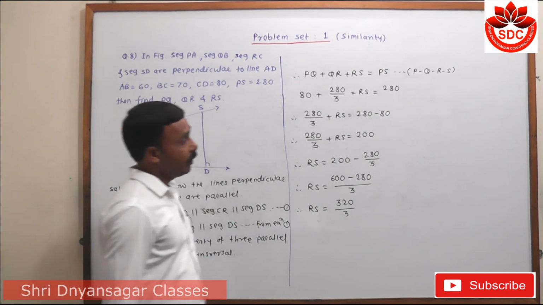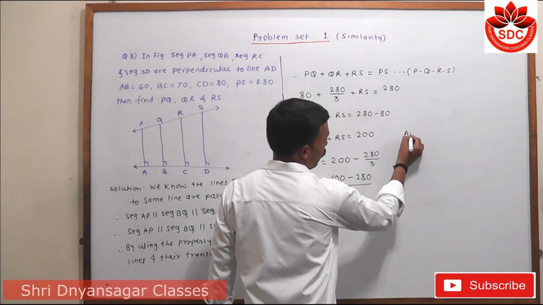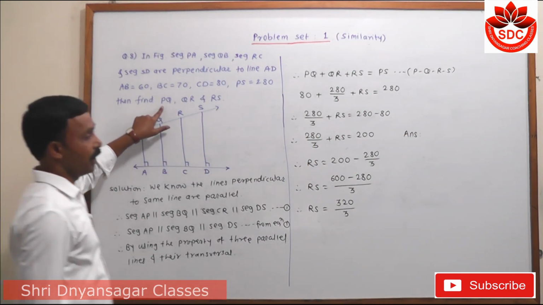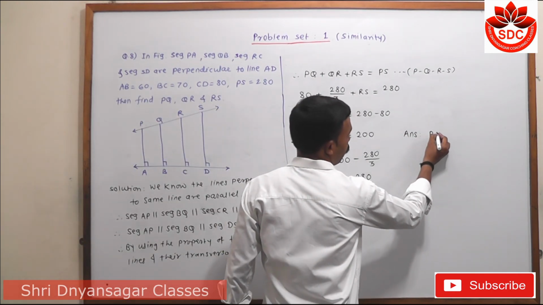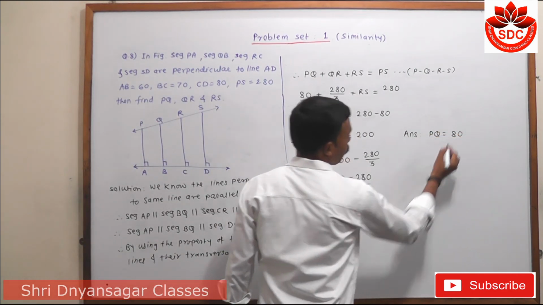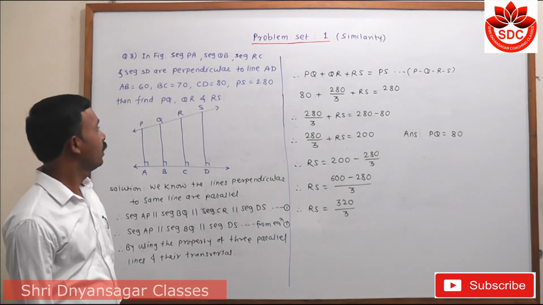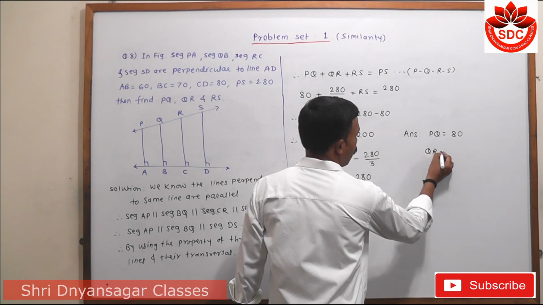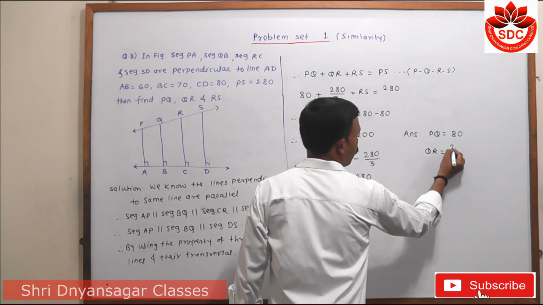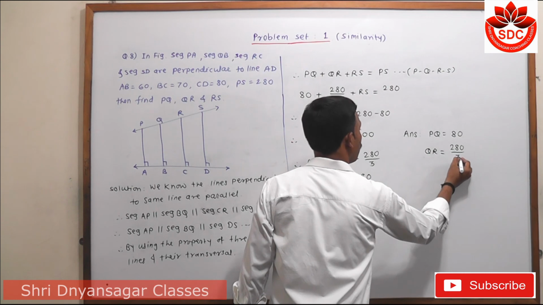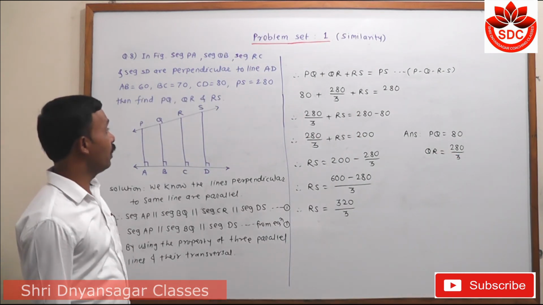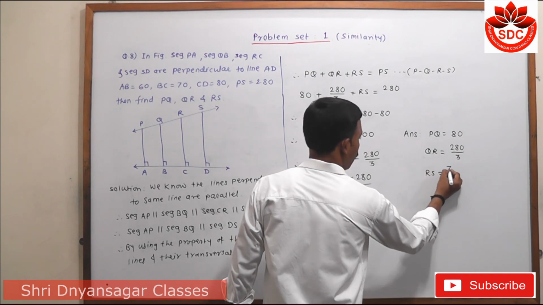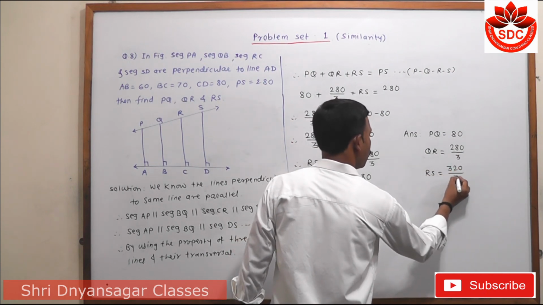Now we write the answer in a full sentence. Answer: PQ is equal to 80, the value of QR is 280 upon 3, and the last value RS is equal to 320 upon 3.